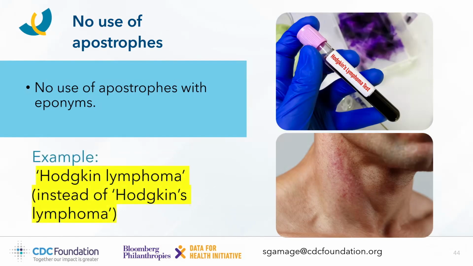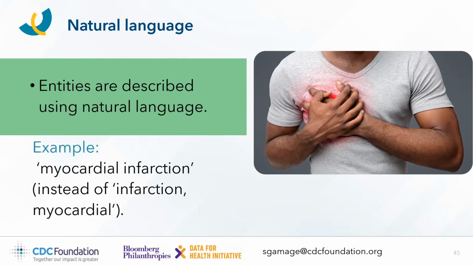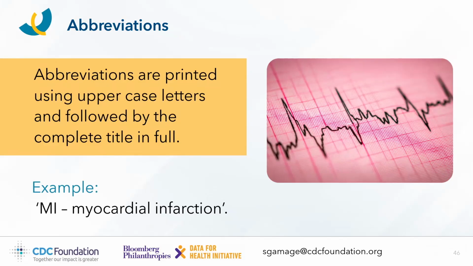Example, Hodgkin lymphoma instead of Hodgkin's lymphoma. Natural language: entities are described using natural language. Example, myocardial infarction instead of infarction myocardial. Abbreviations: abbreviations are printed using uppercase letters and followed by the complete title in full. Example, MI, myocardial infarction.